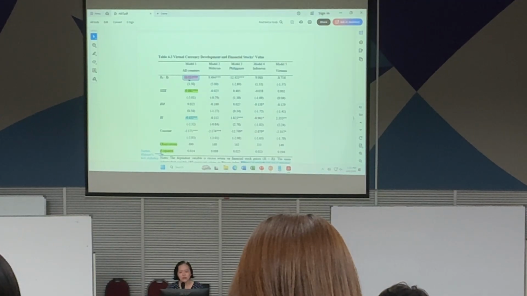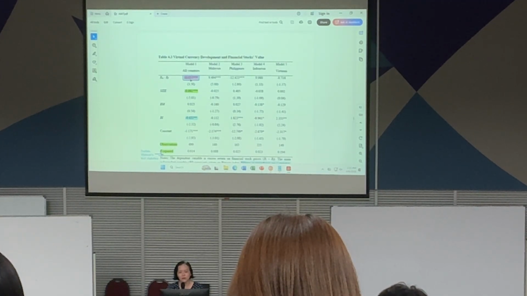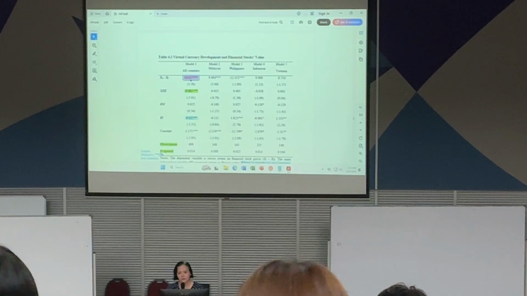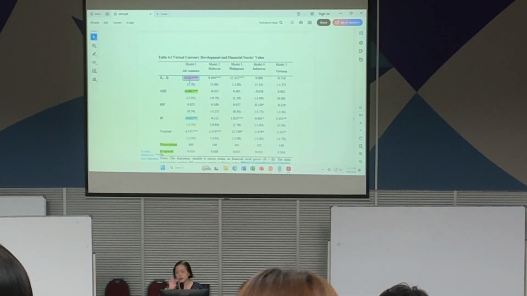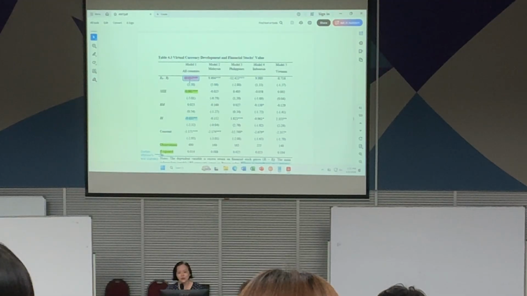This 10.037 will be your coefficient. Meaning, in your SPSS, that is your unstandardized beta. Yes or not? The unstandardized beta, the coefficient. In your E-Views, it will be your coefficient. Okay? You go back and see where the keyword is.